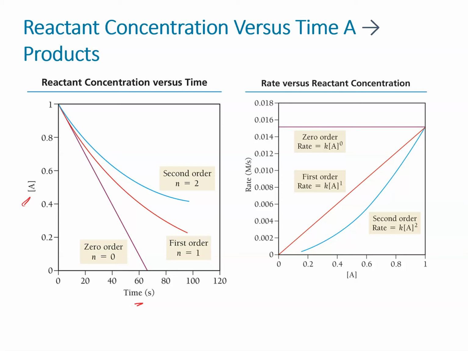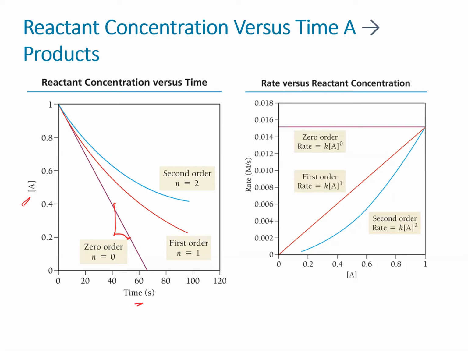So if we have a constant straight line like we do here, at any point in time that slope doesn't change. That means the rate of reaction does not change, which means we have a zero order reaction. If we have a first order reaction, it will change over time. And if we have a second order reaction, it will change over time with a greater effect due to the change in concentration of A.